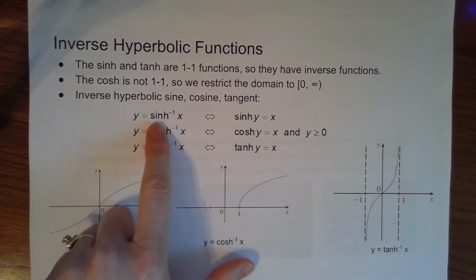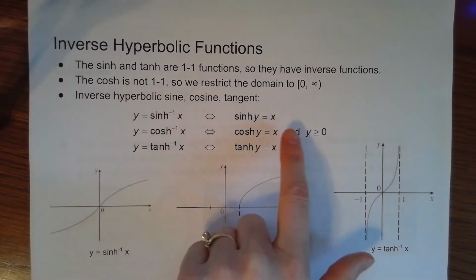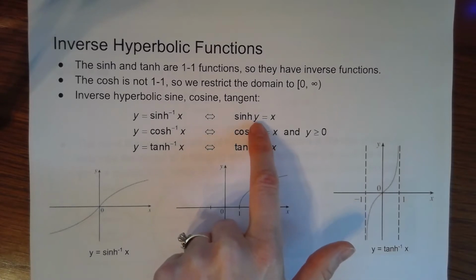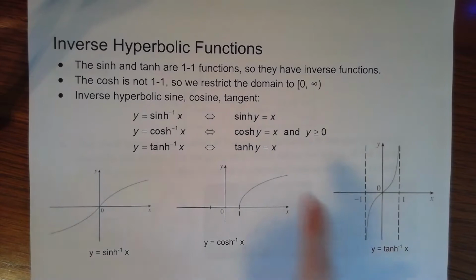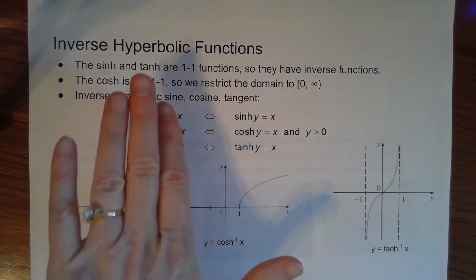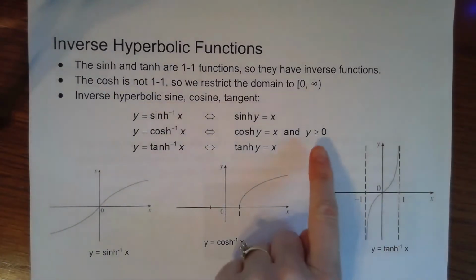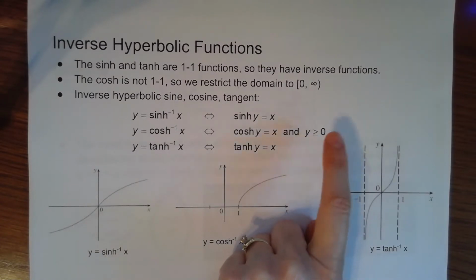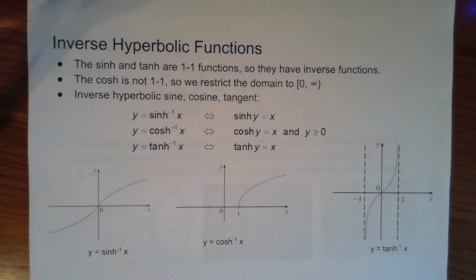The inverse hyperbolic sine just means: what is the value that would give me a hyperbolic sine value of x? The only tricky part is that we have to make sure that we put y is greater than or equal to 0 in the inverse hyperbolic cosine.